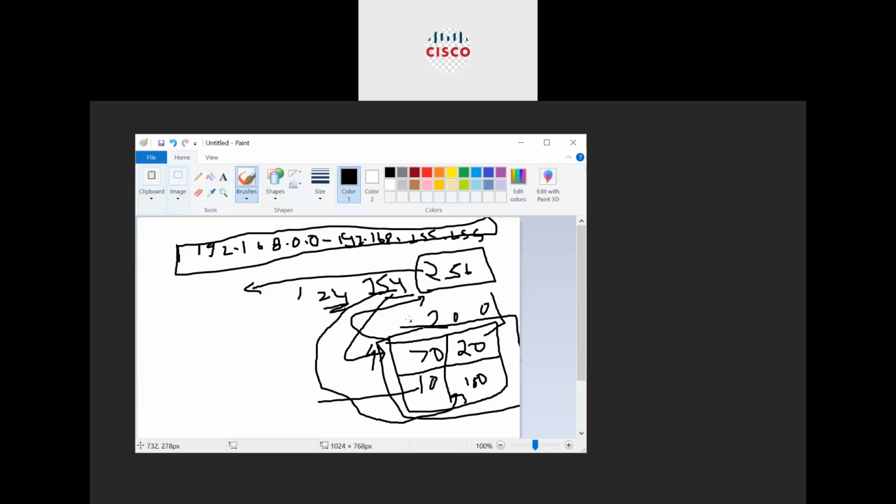Okay, so that's the requirement of subnets, and the wastage of IP addresses: how can we minimize the wastage of IP addresses? We can divide the network, and I can fulfill the requirement of the customer. It's very simple.